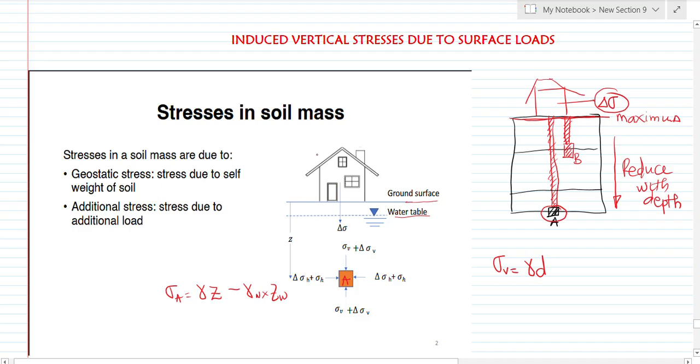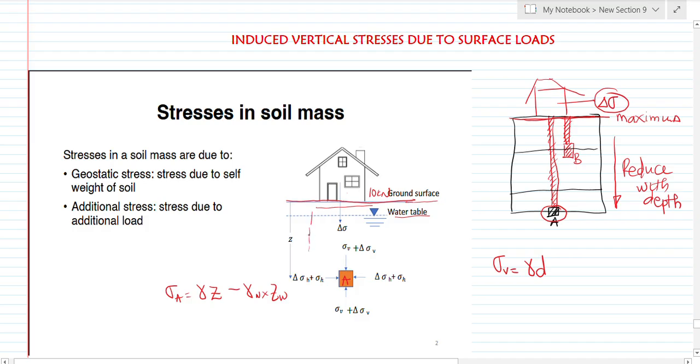Now, when this structure is placed on the soil, the structure has a weight. You get it? And the weight of this structure will be supplied to the soil. Assuming the weight of the structure is, let's say, 10 kilonewton, at the ground surface the whole soil is going to bear that weight.